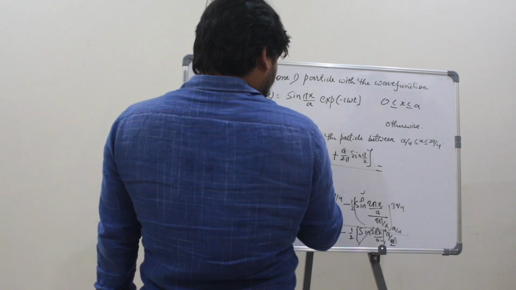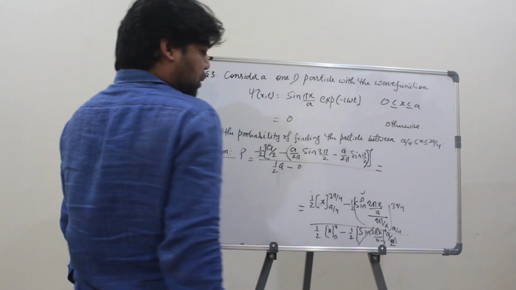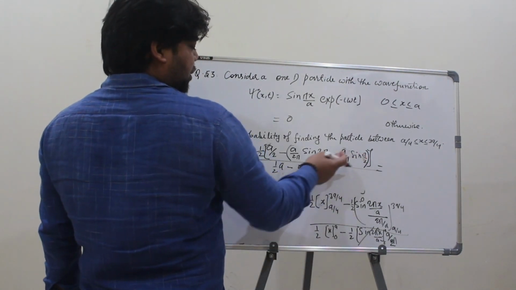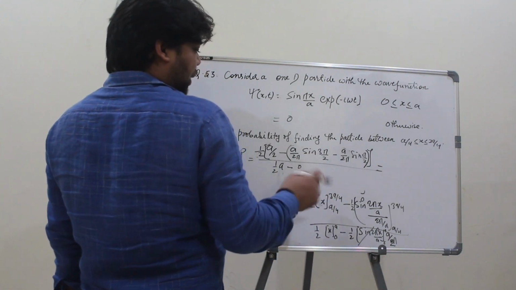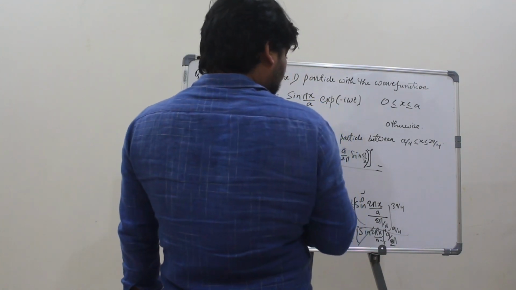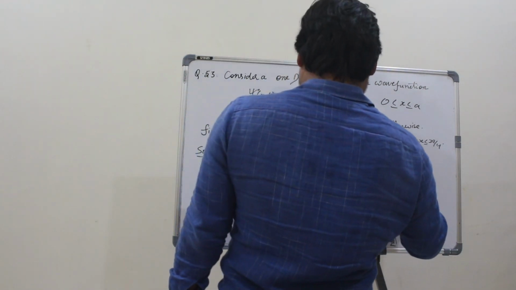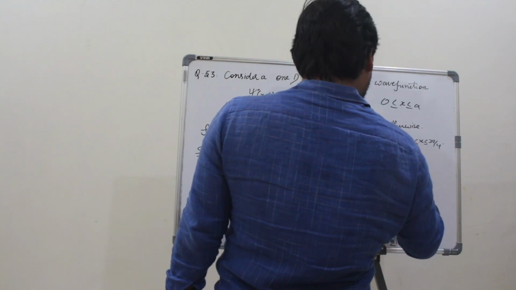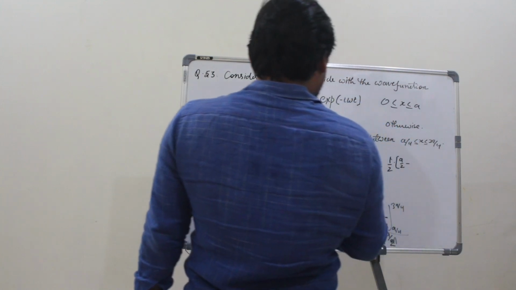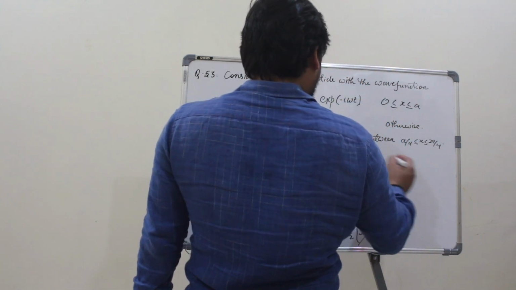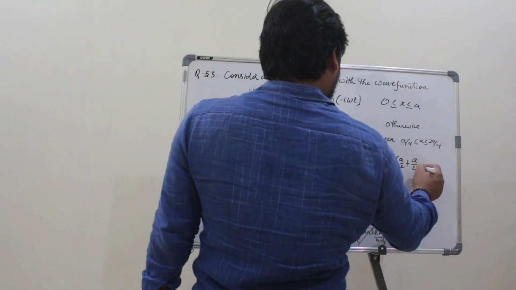So this gives you 1 minus minus 1. Now this is correct. Right? So minus, minus plus, this is plus. So 1 by 2 into a by 2 minus a by 2 pi into minus 2, giving you a by 2 pi into 2.